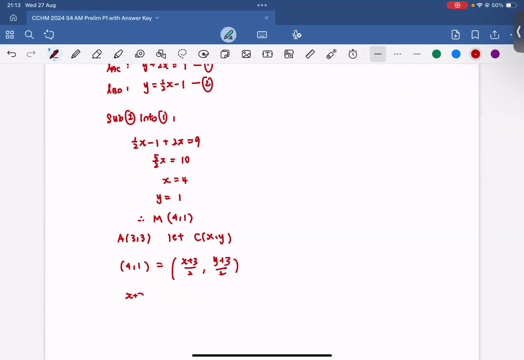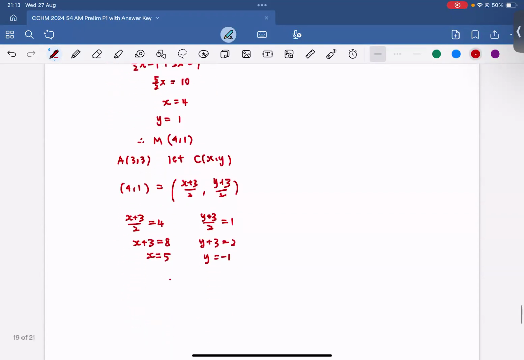Solve it. x plus 3 equals 8, x equals 5. Then we got the coordinate of C. Therefore, C is 5, negative 1.